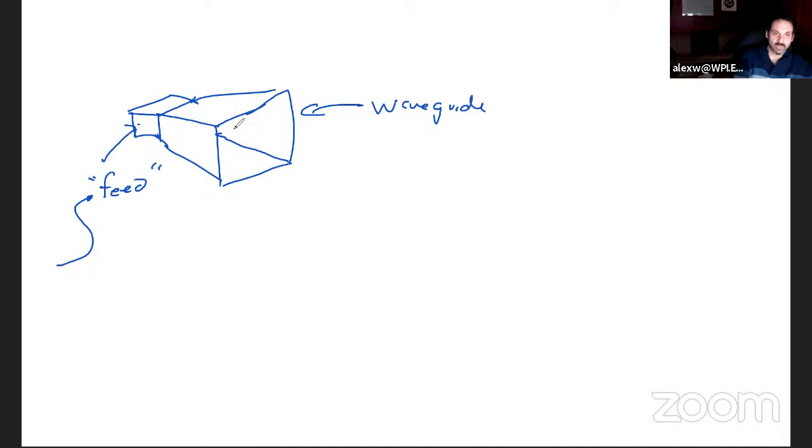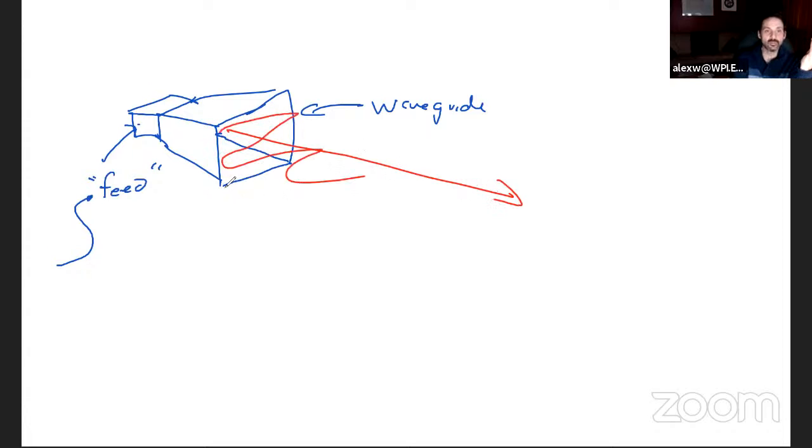As it propagates outward, this horn is like putting my hands over my mouth, supposing my mouth is a point source. First of all, I'm making it highly directional; it's going to go out this way. And I'm also amplifying it. So this shape also amplifies that signal outwards.